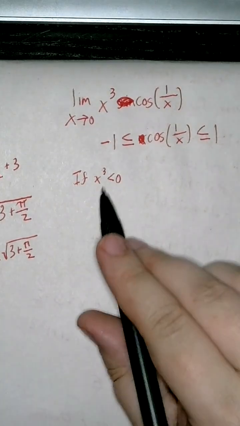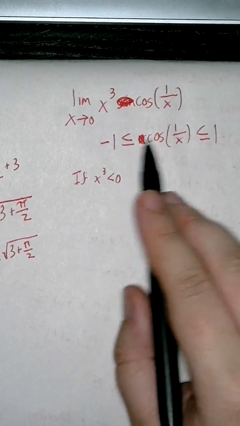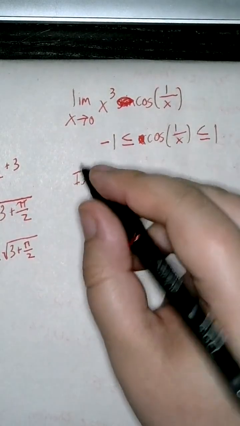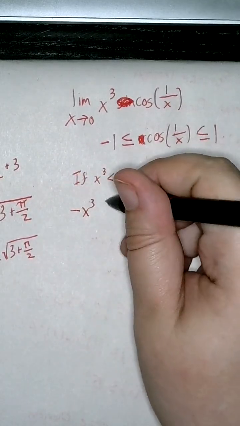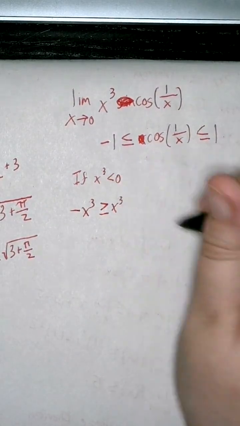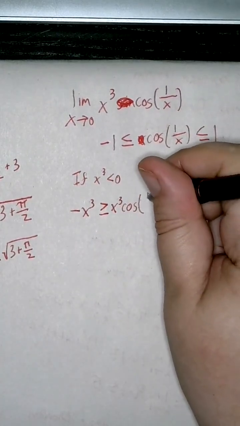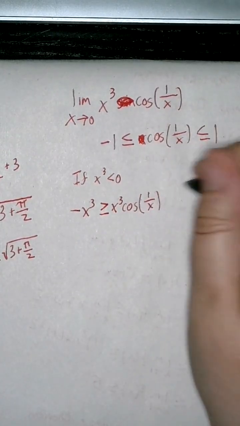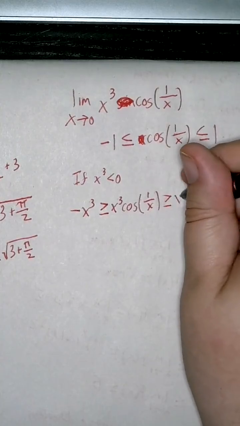So here, if x cubed is greater than 0, then I have to flip these two signs. That would mean that negative x cubed is greater than or equal to x cubed cosine of 1 over x, which is greater than or equal to x cubed.